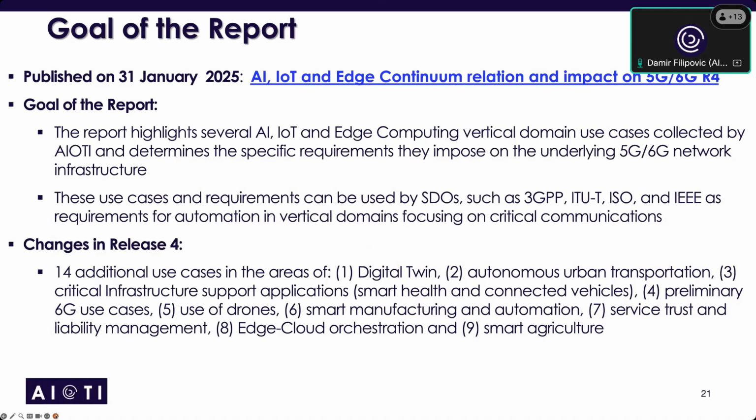These use cases and requirements can then be used by SDOs to define the requirements in the vertical domains. So that was the idea of why we are doing it. So far, in the previous 3 releases, it was very useful and used, that we know for sure, in particular in 3GPP.